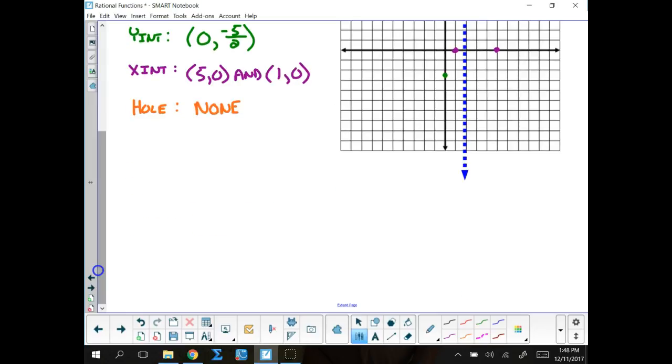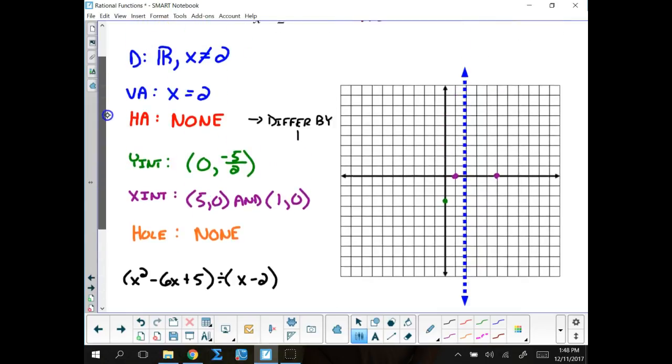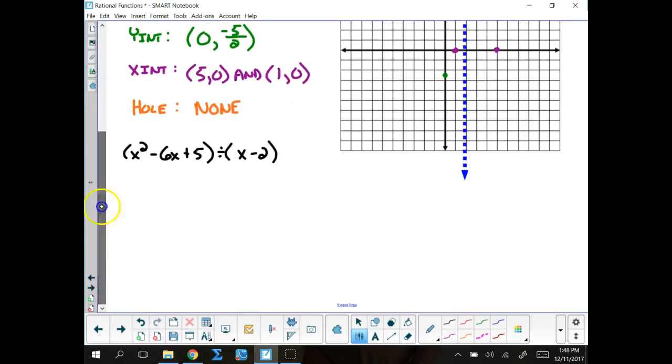Yes. So I actually have to do x squared minus 6x plus 5, and I have to divide that by x minus, or is it x plus 2? Minus? No, it was minus. Yep, it was minus 2. Okay? All right, so I have to do that.